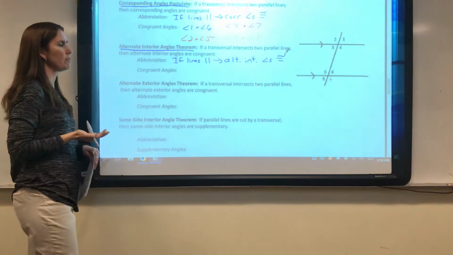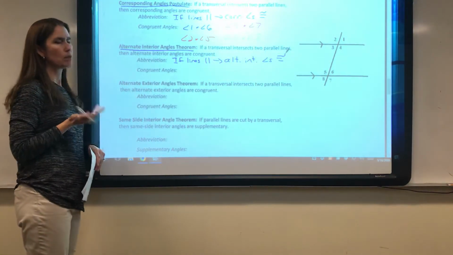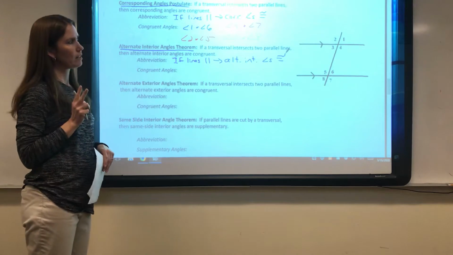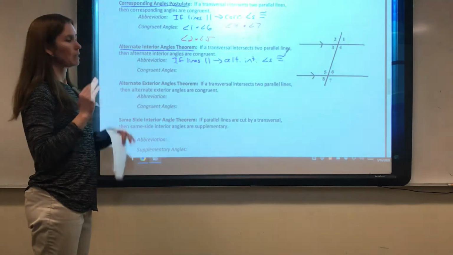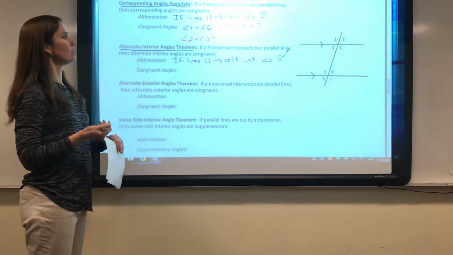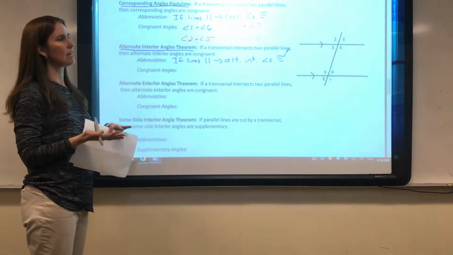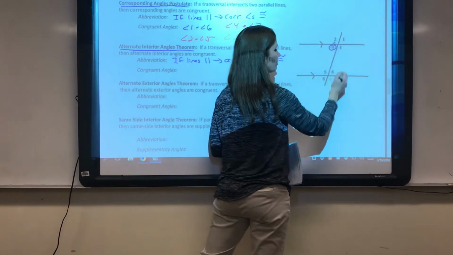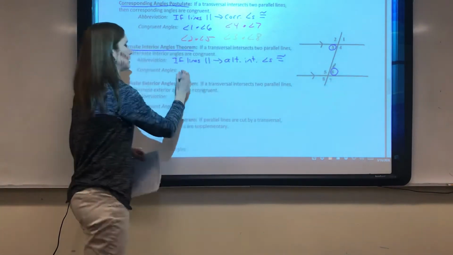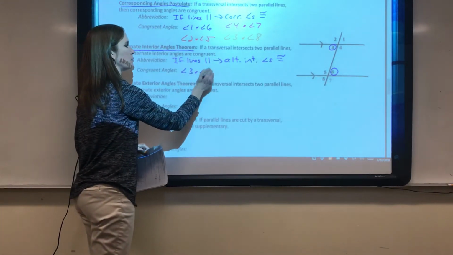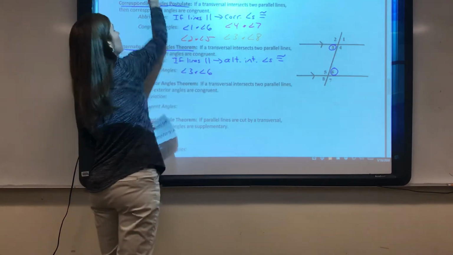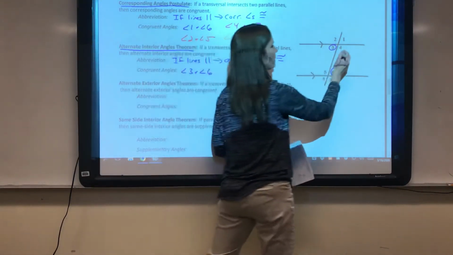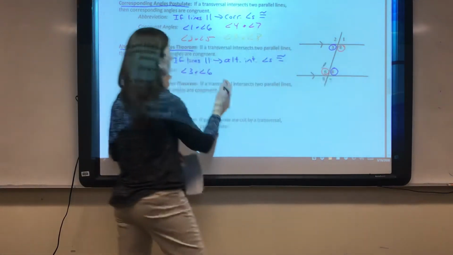There are 2 pairs: alternate meaning different sides of the transversal, interior meaning inside the 2 lines. One pair would be 3 and 6, and another pair would be 4 and 5.